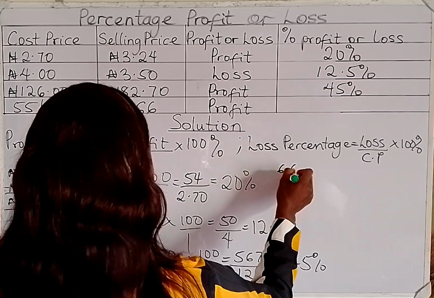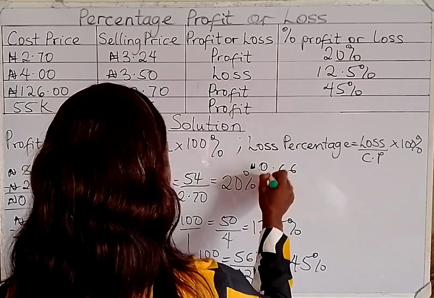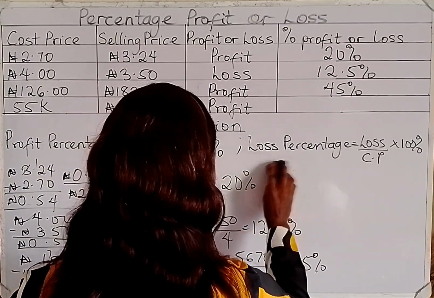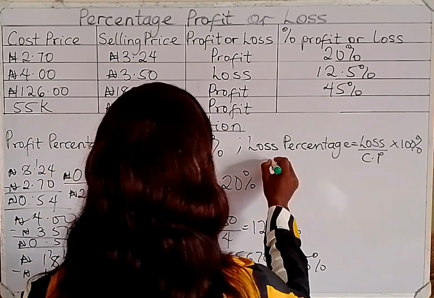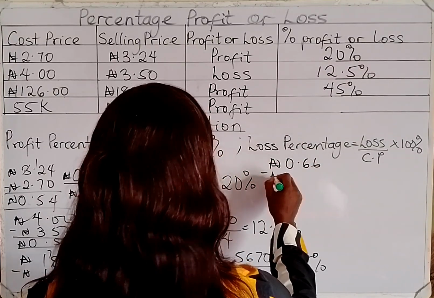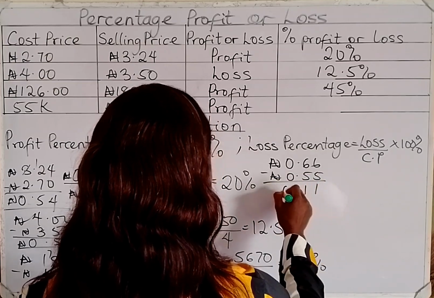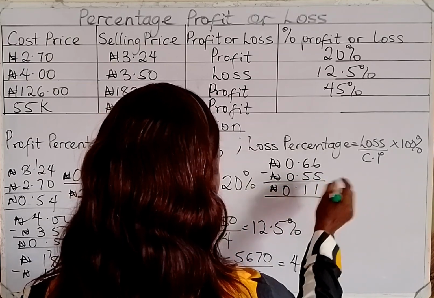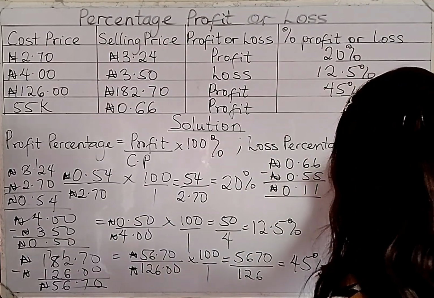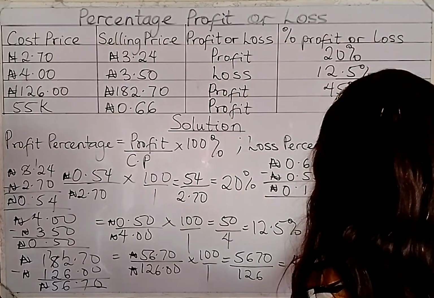And for the last one, I want to determine the percentage profit of this last purchase. So we have 66 kobo minus 55 kobo. So that is 11 kobo, right? So it's a profit, and we're going to get the percentage profit for this particular question.